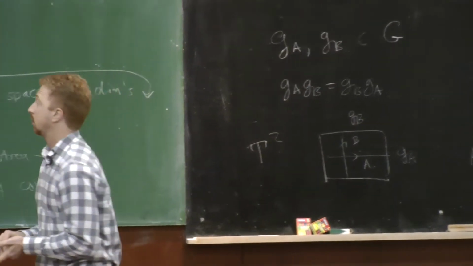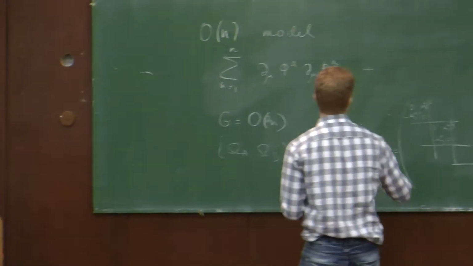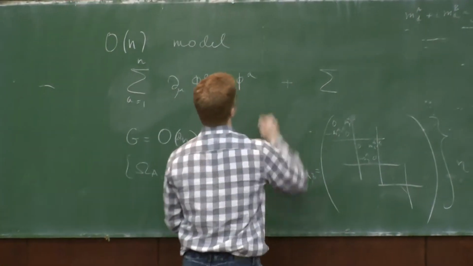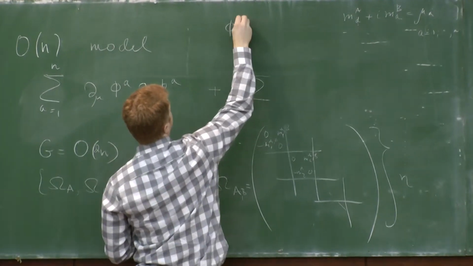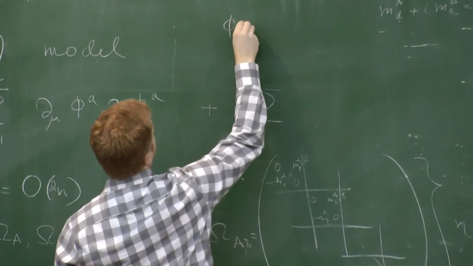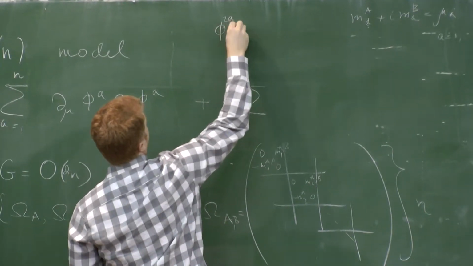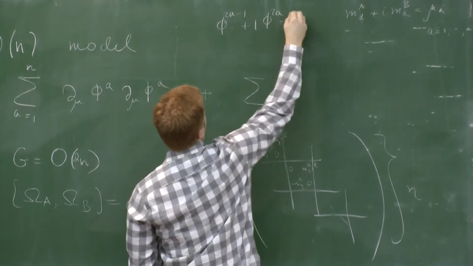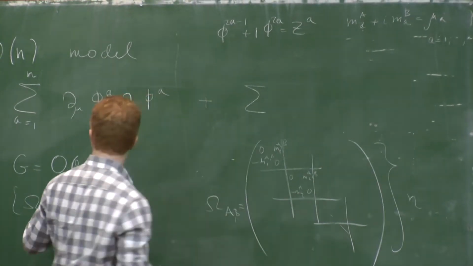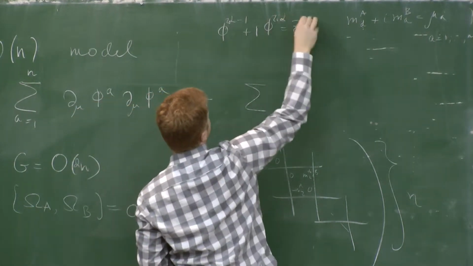That is to say that the scalar field will become massive. So if I combine, so I have 2n scalars, I will combine them into n complex scalars.